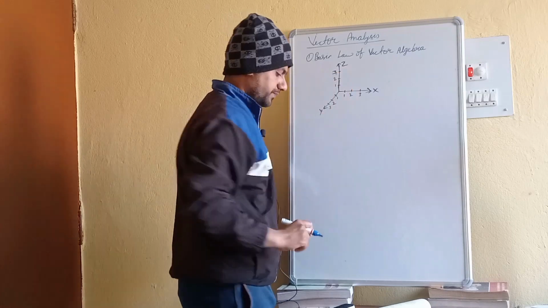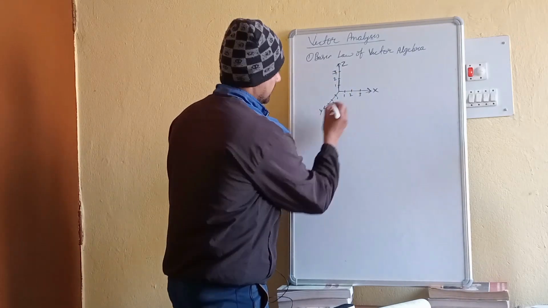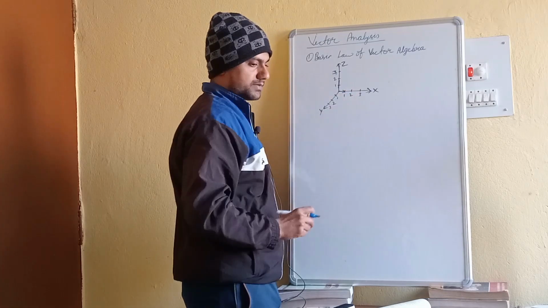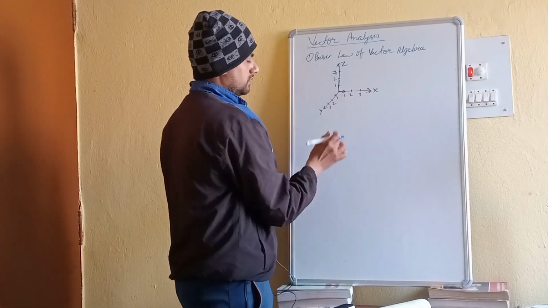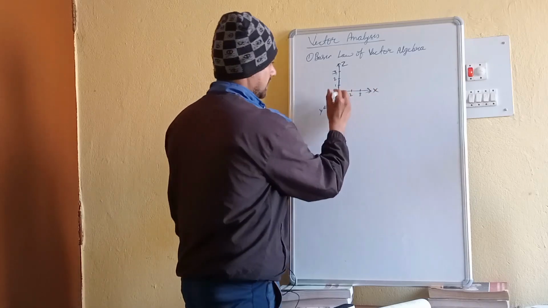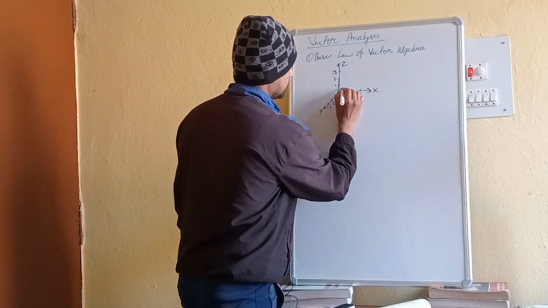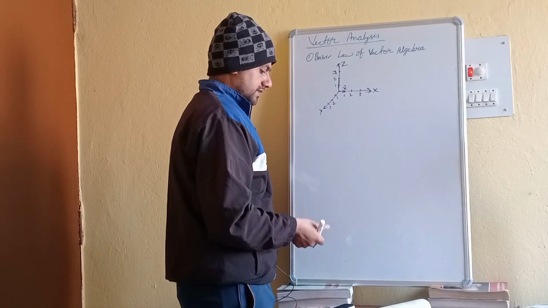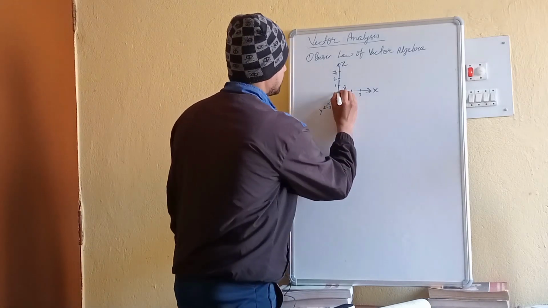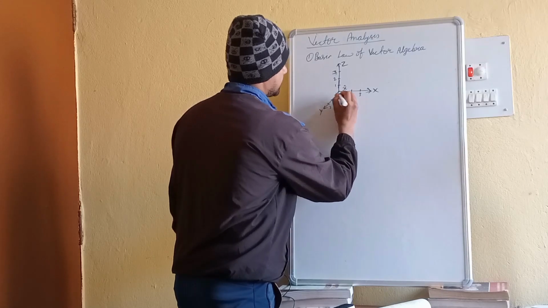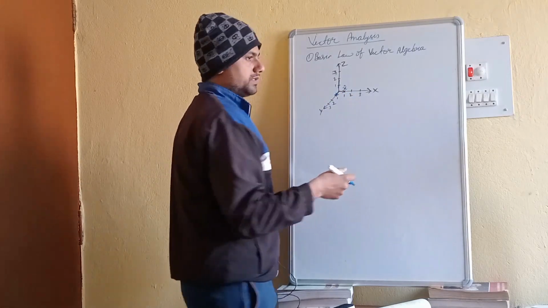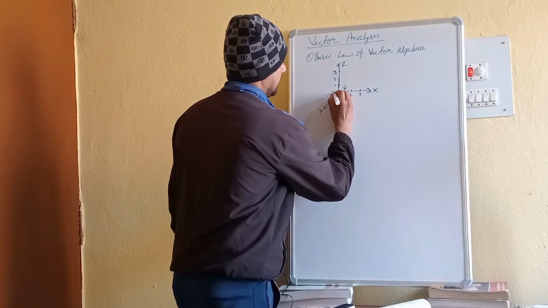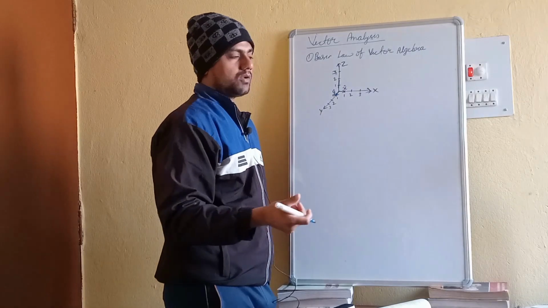Here, along the x-axis, whatever the unit value direction is along the x-axis, and the magnitude is 1, that can be represented by x cap. It means the unit vector along the x-axis. In the same way, if a vector has a direction along the y-axis and magnitude 1, then that can be written as y cap, the unit vector along the y-axis.